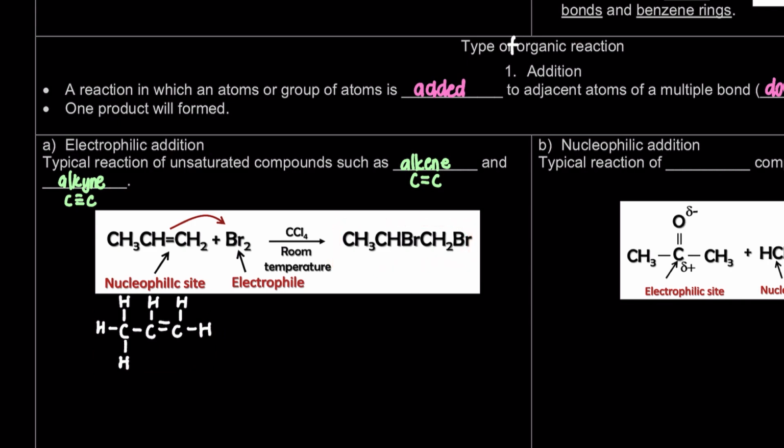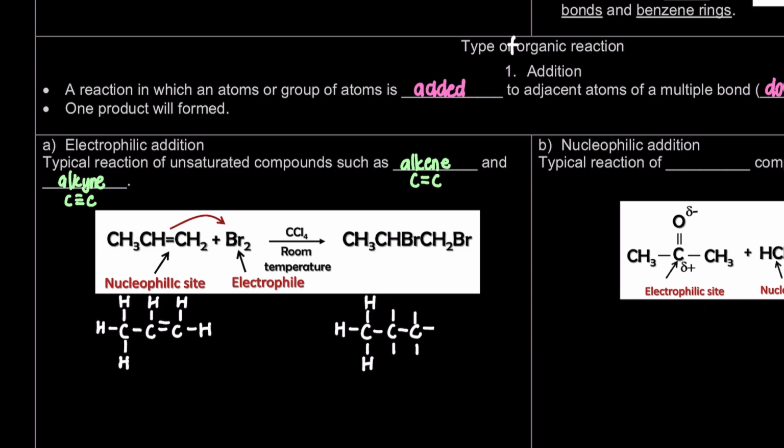Let us draw again. We have 1, 2, 3 carbons. In this case, we don't have any double bond shown, so it means that between all the carbons, there are only single bonds. Make sure that each carbon has 4 covalent bonds. Following the first carbon, we have 3 hydrogens.